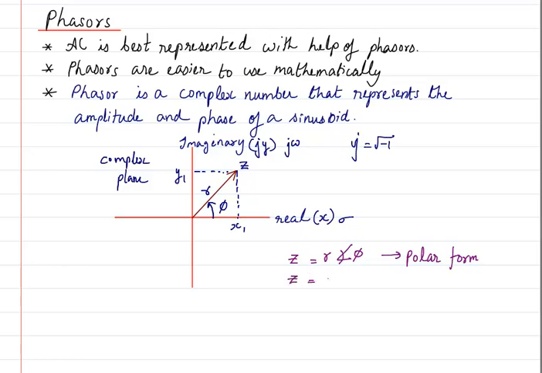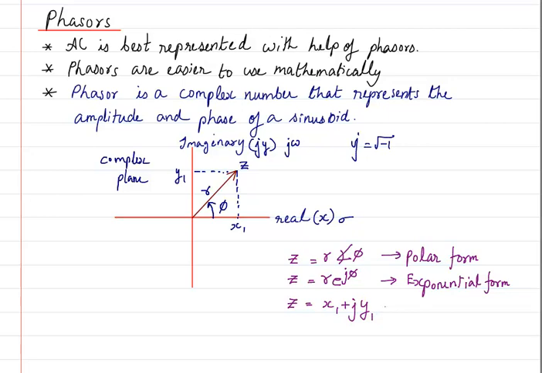Next, Z is equal to, writing it in exponential form, where we write the magnitude r and the angle we represent as e raised to the power j phi. This is called the exponential form. And the third one is Z is equal to, with the help of projections, x1 plus j y1.